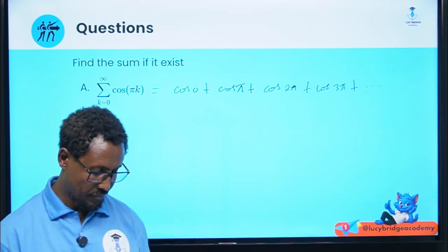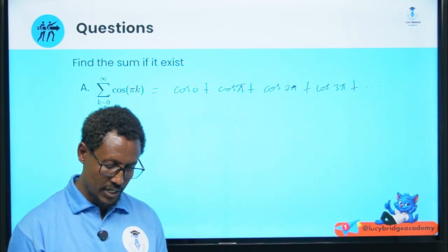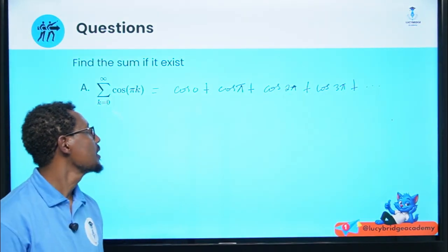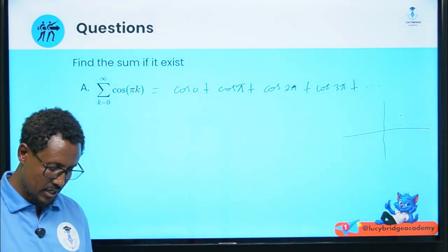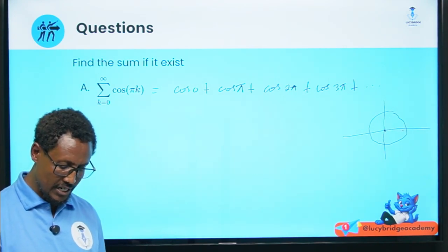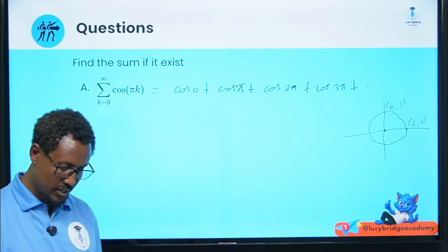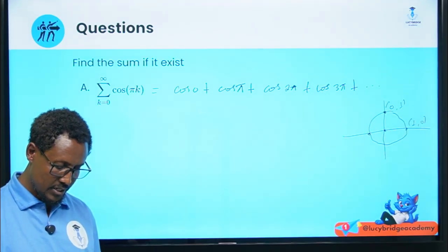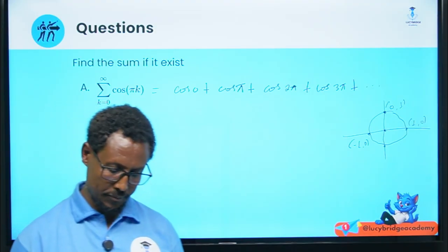Okay, now the question is, what is cos 0? You can use a unit circle. We center the origin with radius 1 unit. Here is the point (1, 0), (0, 1), and this point, unit circle, (minus 1, 0), and this point (0, minus 1).